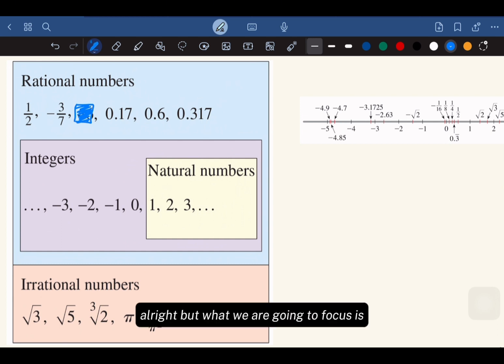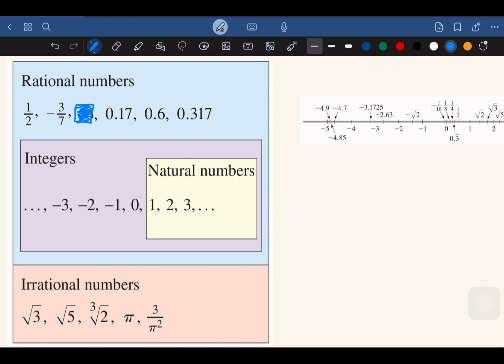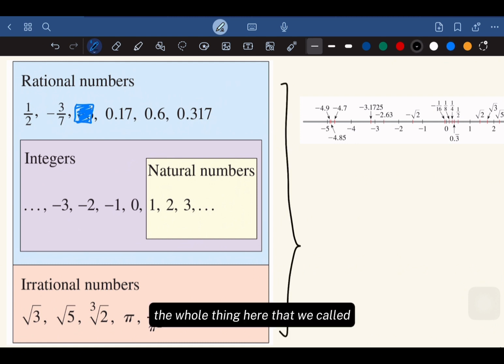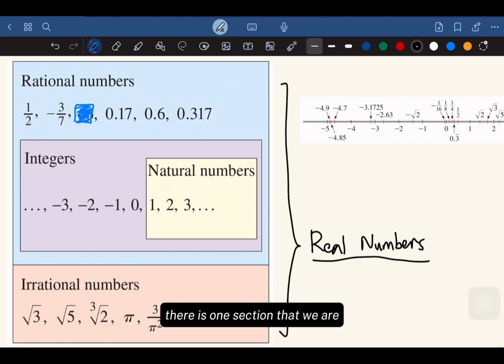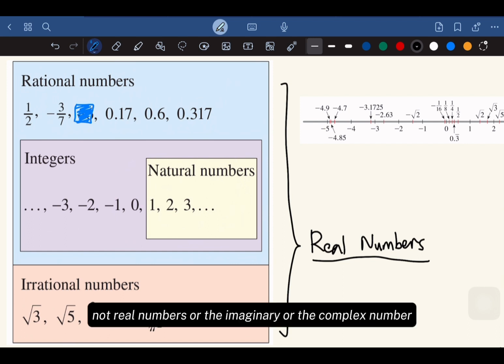All right, but what we are going to focus on is the whole thing here, that we call the real numbers. There is one section that will focus on the not real numbers, the imaginary or complex numbers, but that will be only on a few cases.